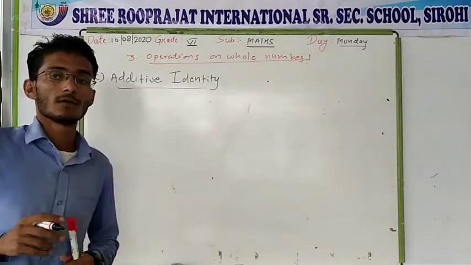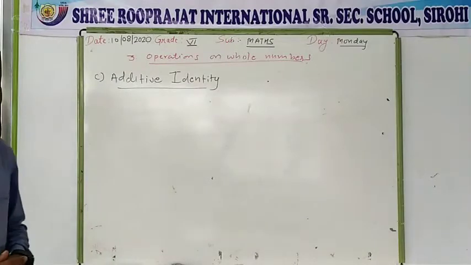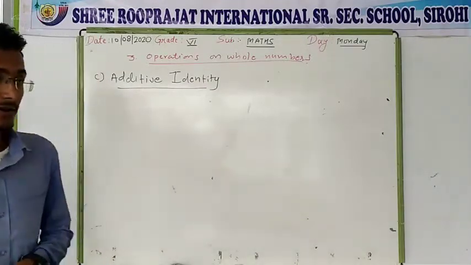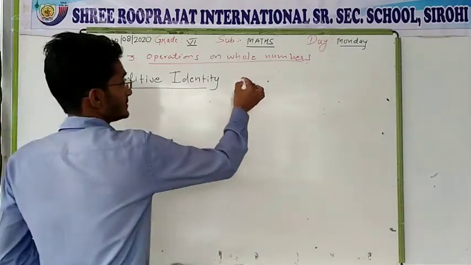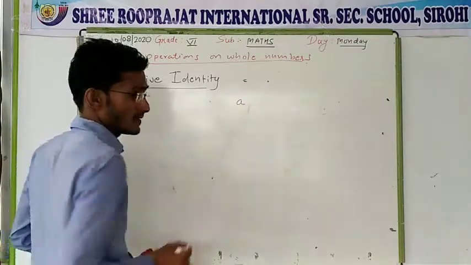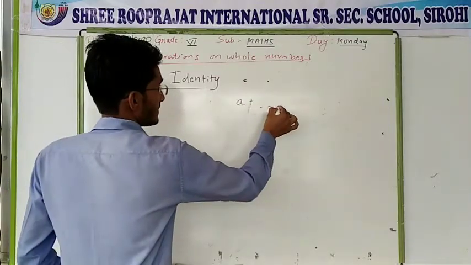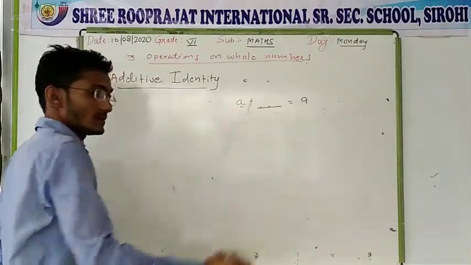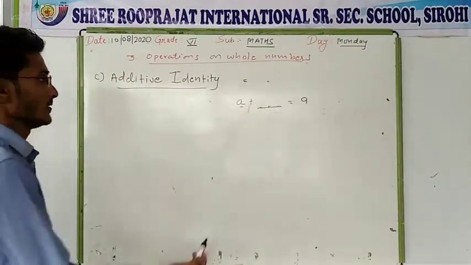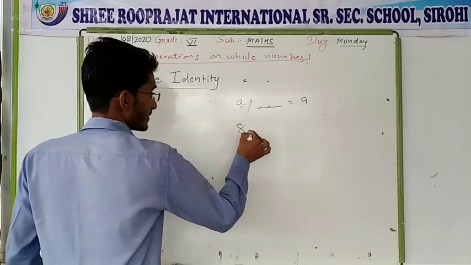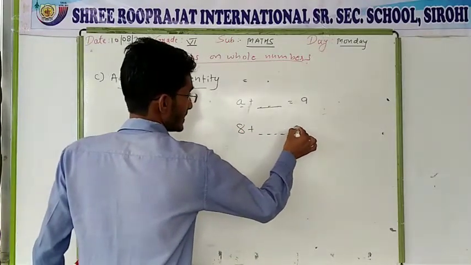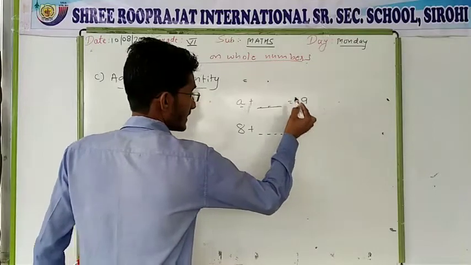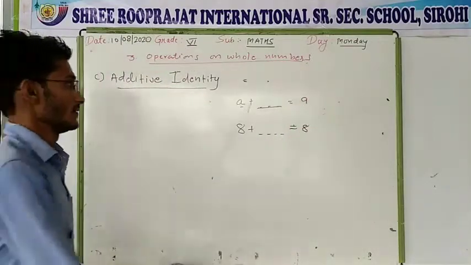Okay? So the next property is additive identity. Suppose there is a whole number A and a blank. What should we add to A to get the same result? Or suppose there is the number 8. What should we add to 8 to get 8?